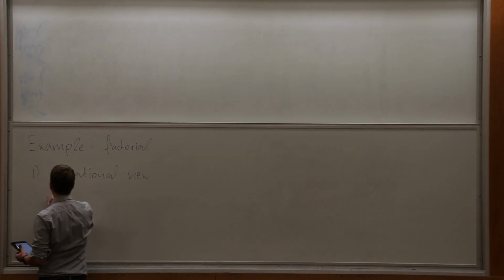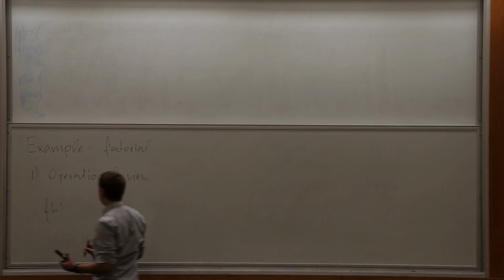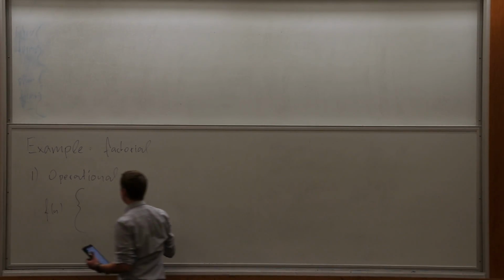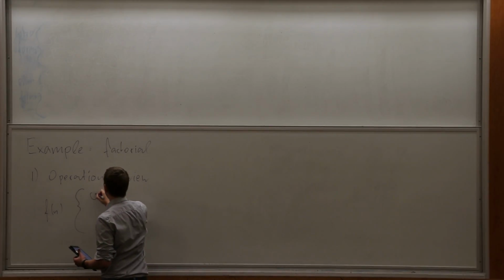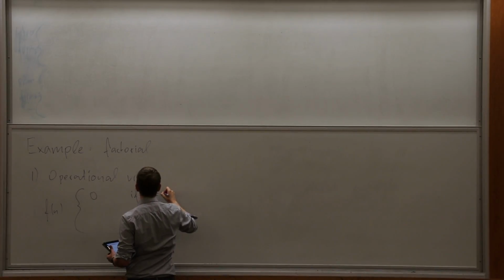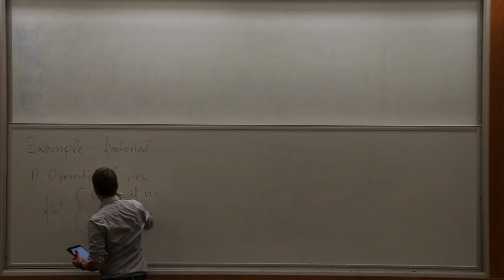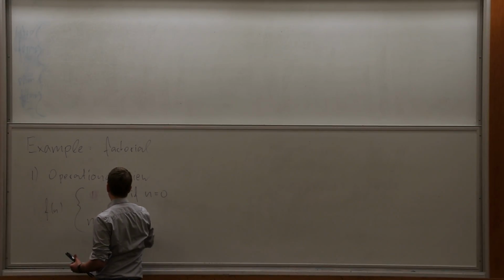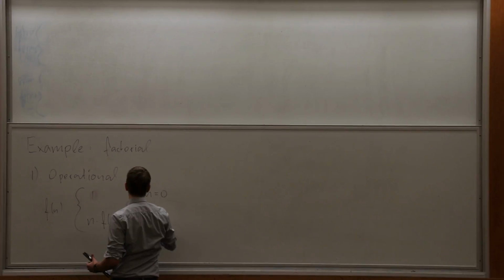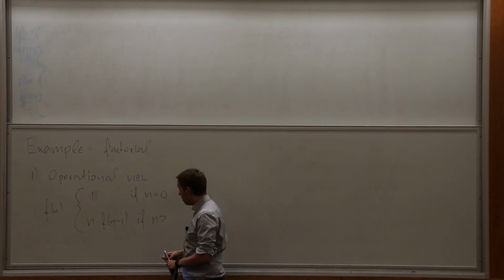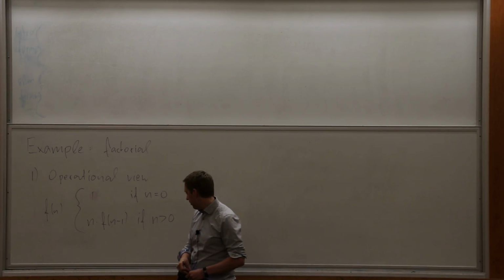We say factorial is defined as follows: f of n, and then we have a case. Either it's 1 if n is 0, or it's n times f of n minus 1 if n is greater than 0.